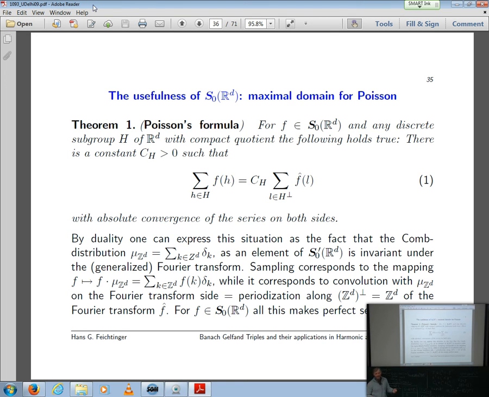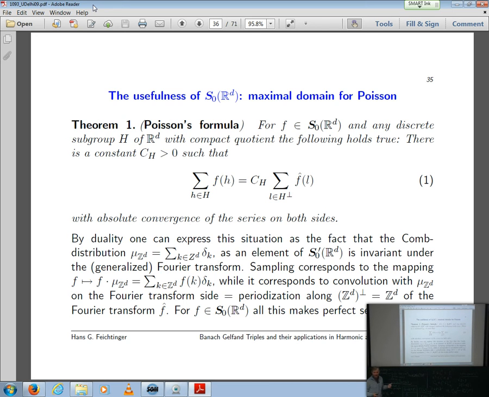They want to know that if I have a function, please take it in S0, and you periodize it, it's the same as sampling the Fourier transform, or the Shannon sampling theorem. If you sample it on the time side, it means replicating on the Fourier transform side. So the Shah distribution, as part of this argument, is a linear functional on S0.